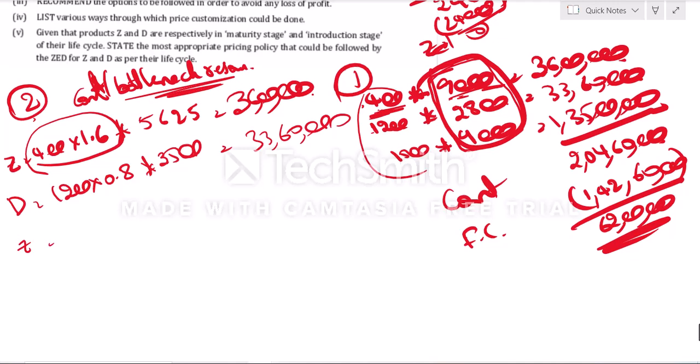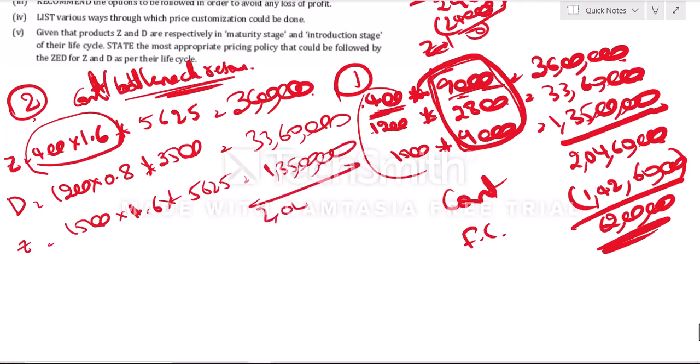Again Z, 1500 into 1.6 into 5625, again 1 crore 35 lakh. Same, 2 crore 4 lakh 60,000.